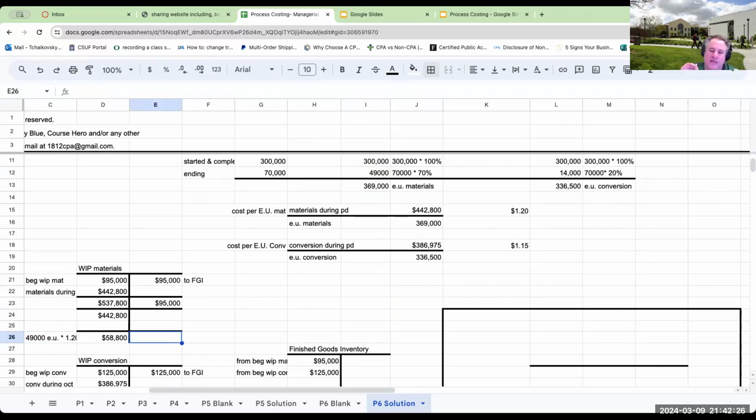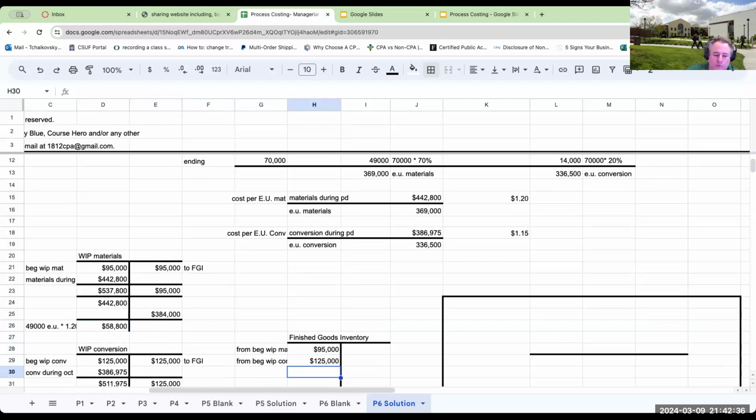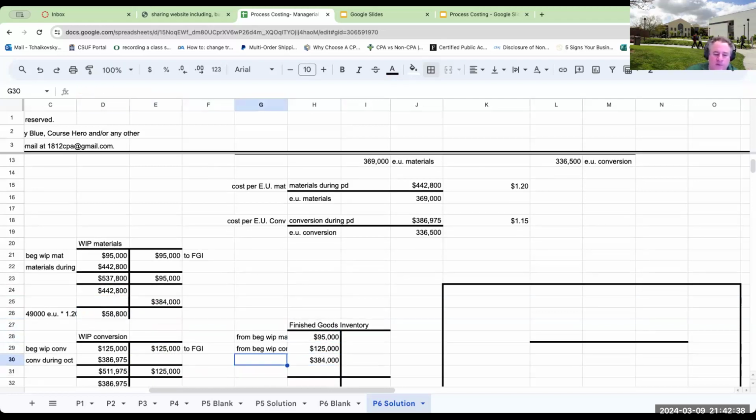That's the ending balance. Now, does 442,800 equal 58,800? The answer is no. That must have meant I sent 384,000 over to finished goods inventory.